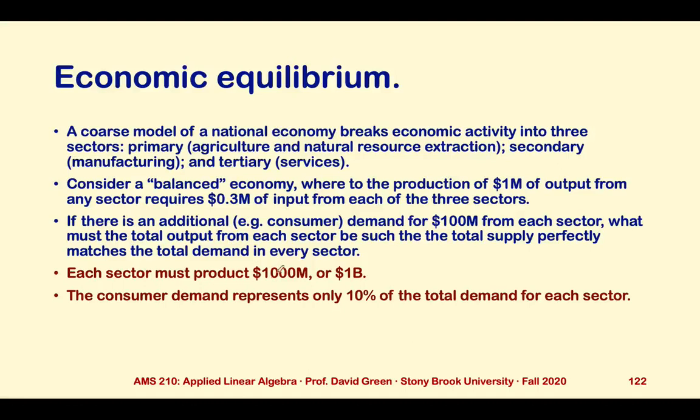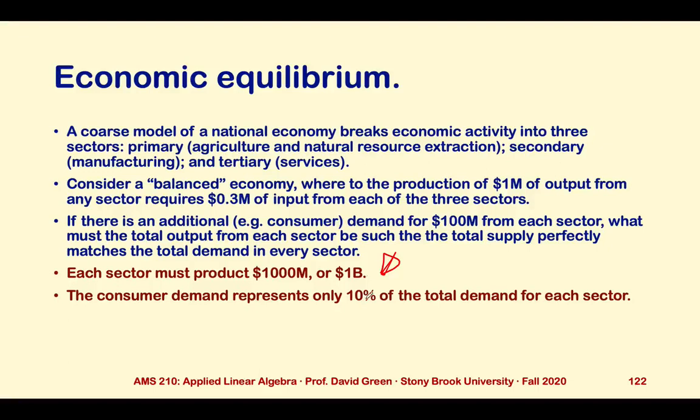Those thousands are thousands of millions of dollars. So each sector must produce 1,000 million, or $1 billion, of output in order to satisfy the consumer demand and the internal demands needed by the other sectors in order to produce this.